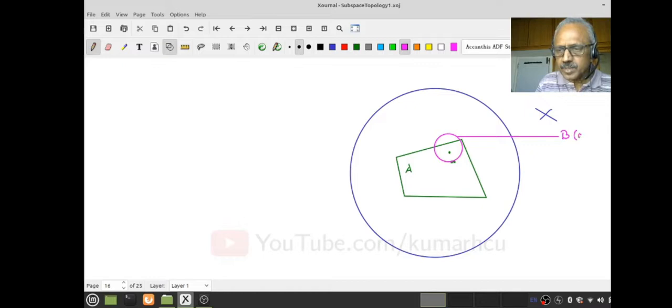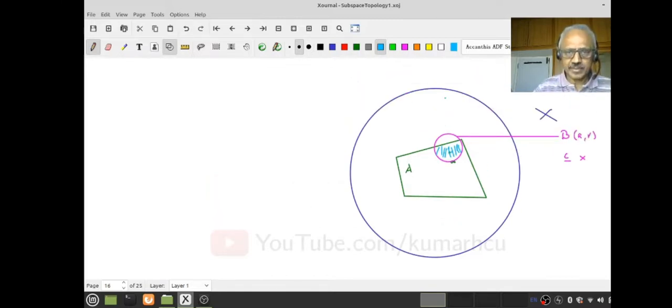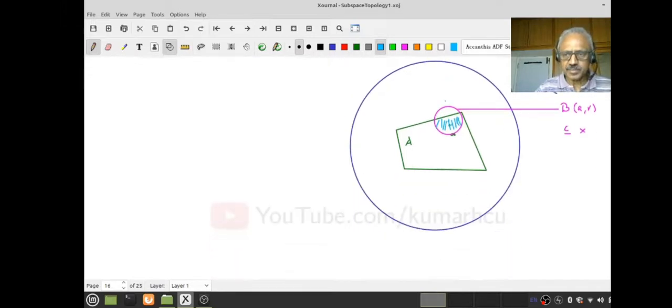This is B(a, r) in the space X. Therefore this is the set we are thinking about. All are open. This B(a, r) is open, but A may be anything. Have you understood? Keep the picture.